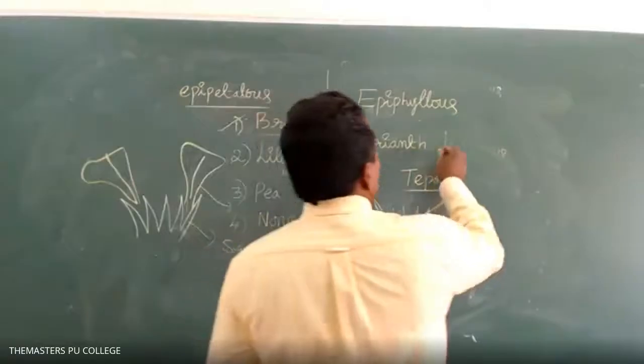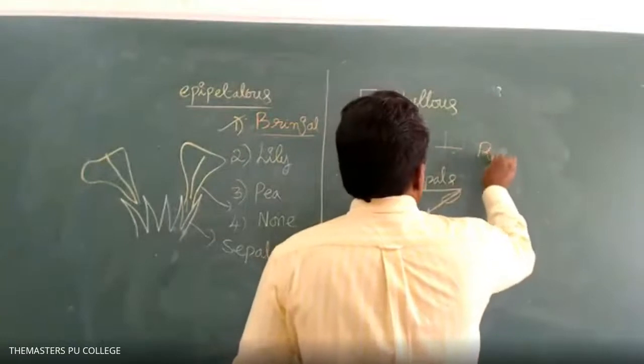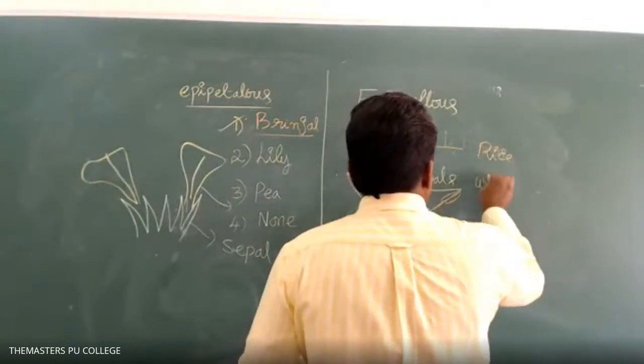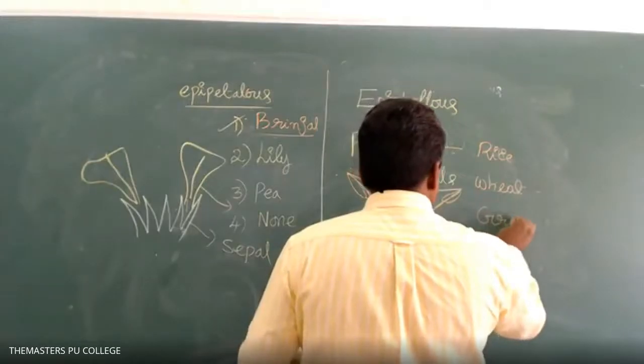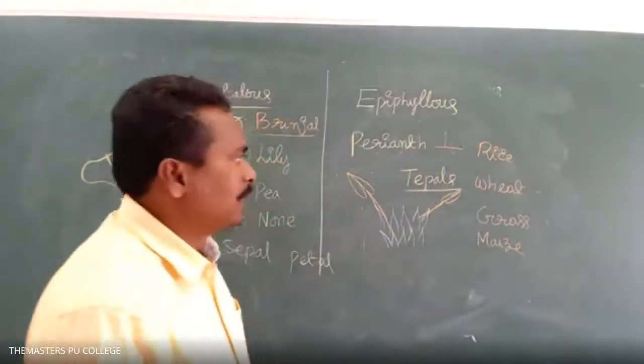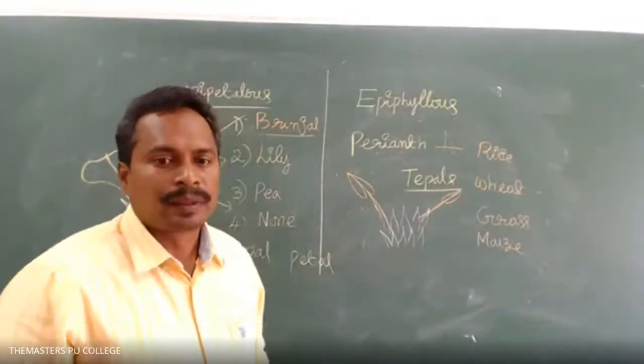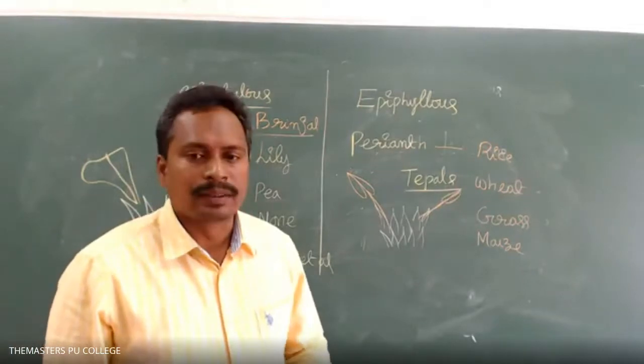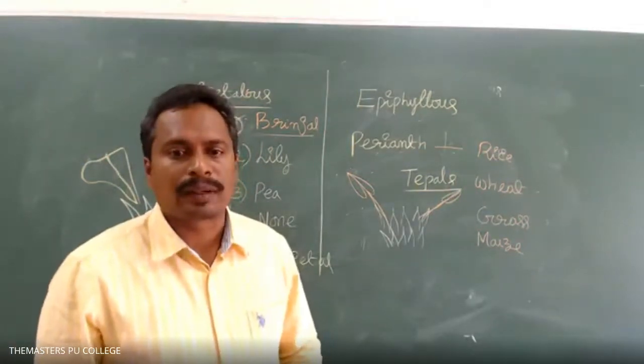Perianth is present in rice, wheat, maize, lily flowers, grass plants, banana, onion, sugarcane. In those flowers, there is no differentiation of calyx and corolla.